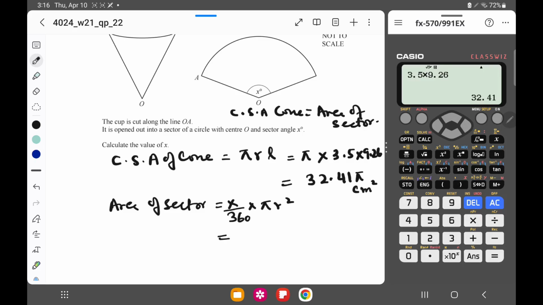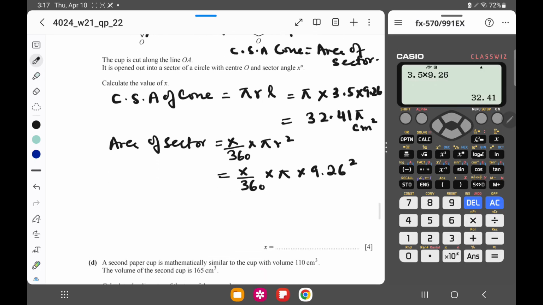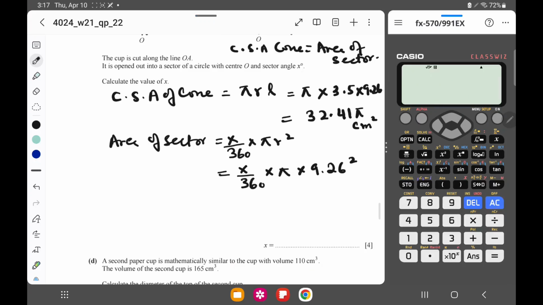What is the radius here? Remember, whenever you open the cone, the slant height L becomes the radius, which is 9.26. So the radius is 9.26 square.